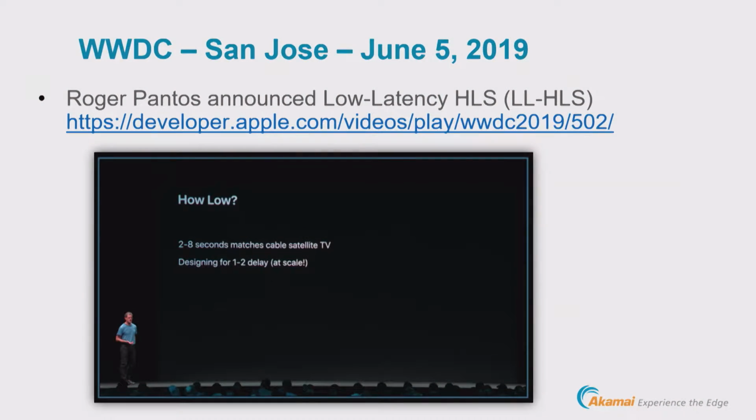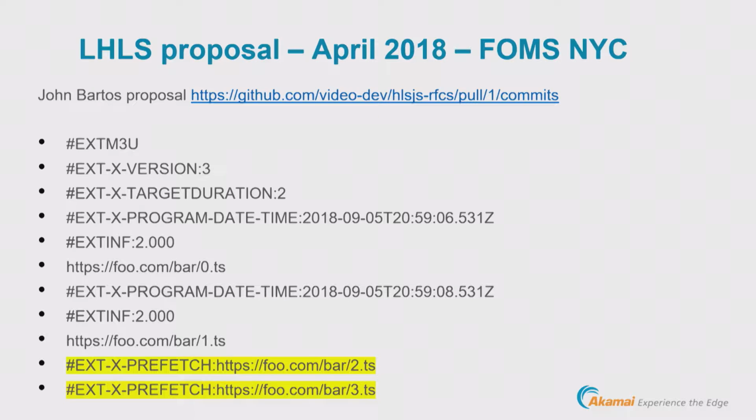So, released on June 5th, Apple released something we've been waiting for a long time, which was their implementation and an extension to HLS, LL-HLS. Prior to that, in April 2018, we had demoed a lot at FOMS, released at Demuxed, headed by JW, and really representing a class of solutions that both Twitter and Twitch use, which is a chunk-based delivery protocol.